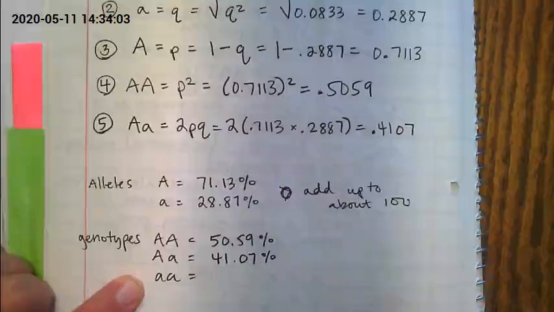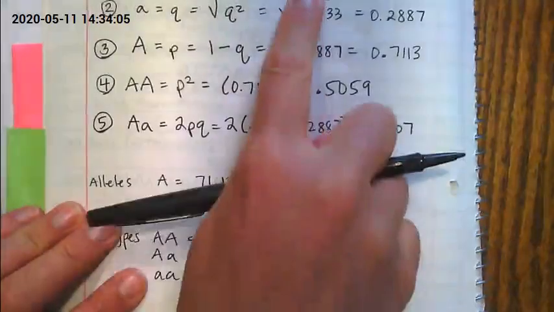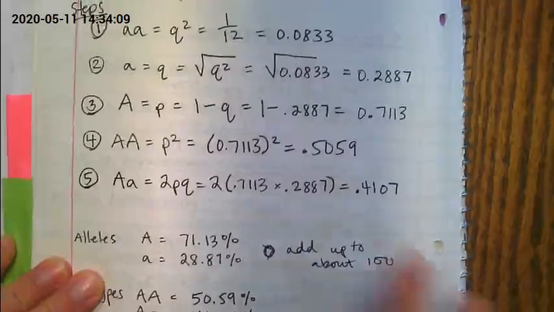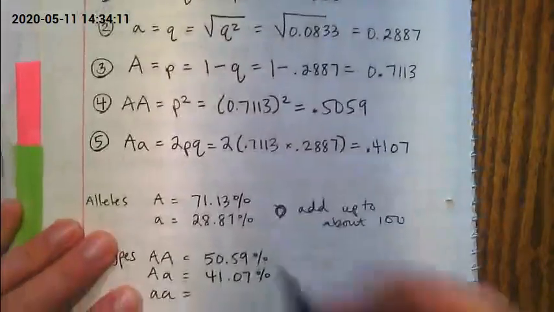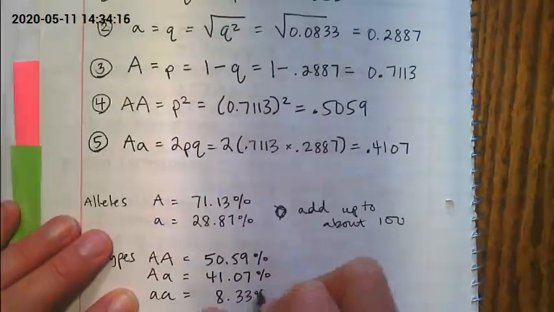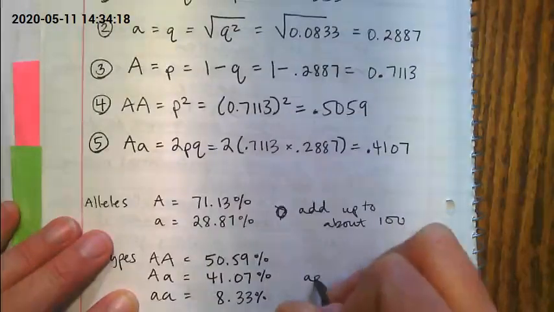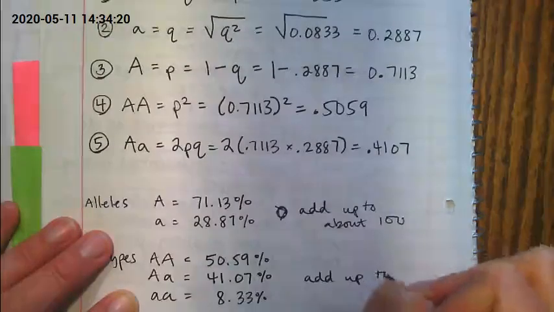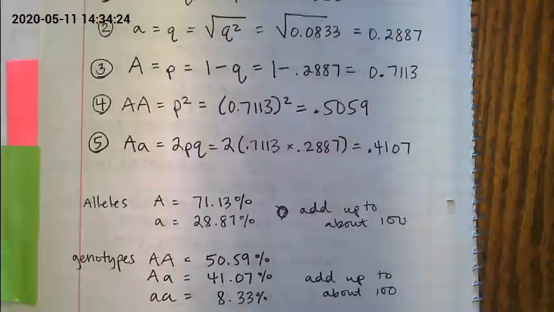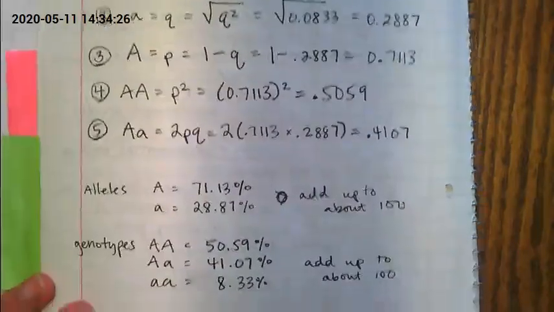Good, 41.07. And then finally, what percentage is homozygous recessive? 8.33%. And once again, this should add up to about 100 because we rounded, and it does.